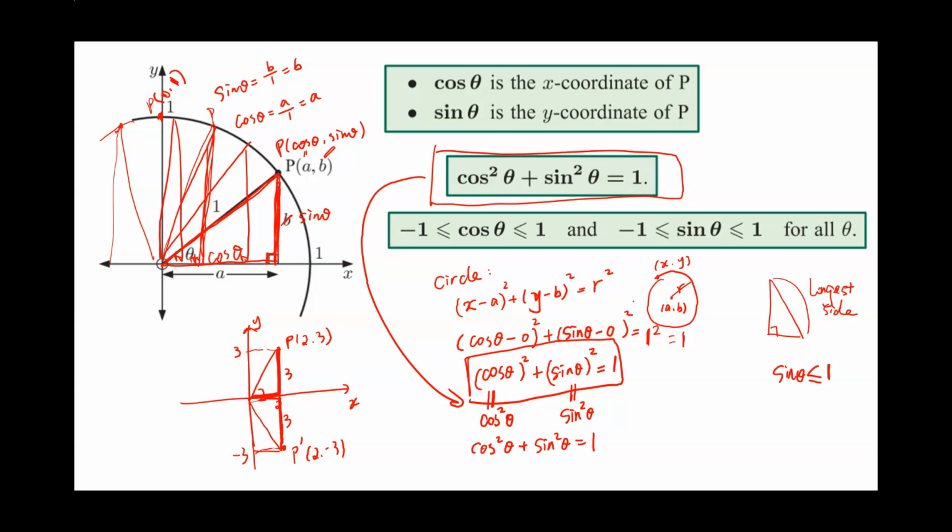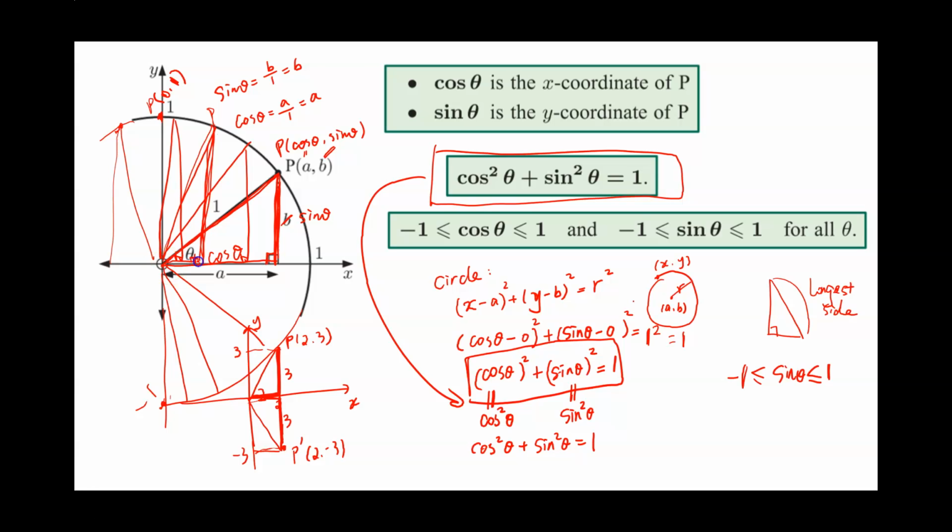How about if I rotate clockwise to here? If you think about it, I'm on a unit circle, and my y coordinate could be minimum −1. So sine theta has to be above or equal to −1. The same goes for cos theta.